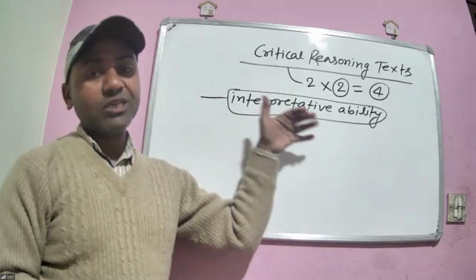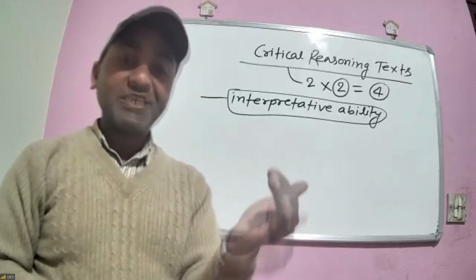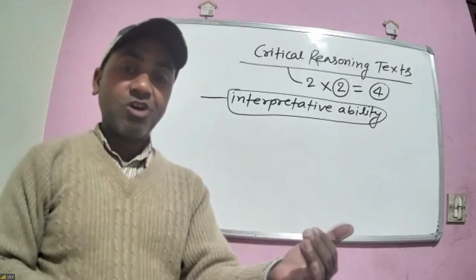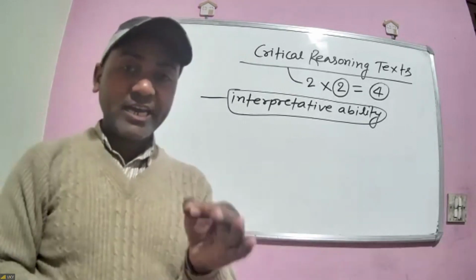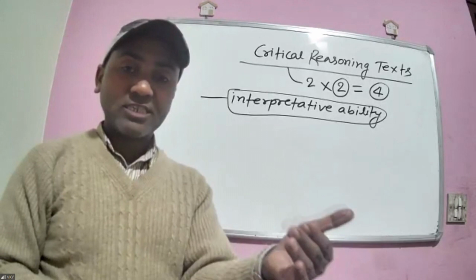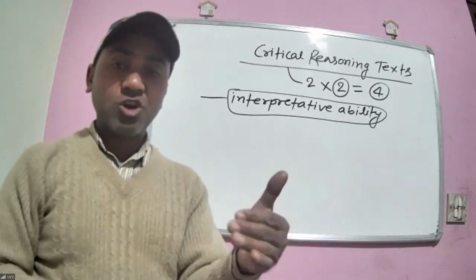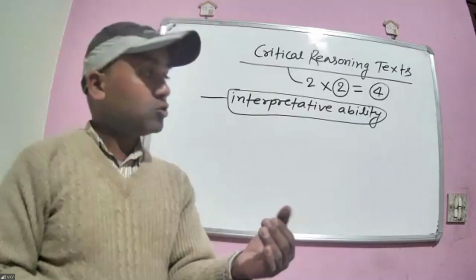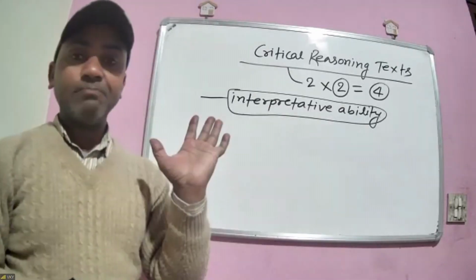When you read any text, if a certain point is right, why it is right? If a certain point is wrong, why it is wrong? If a certain statement is logically correct, how and why it is correct, on the basis of what. If it is logically wrong, how and why it is wrong. It is this ability which helps you to know that.